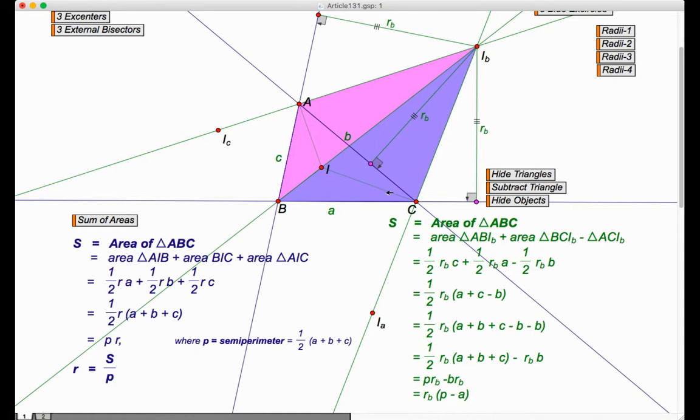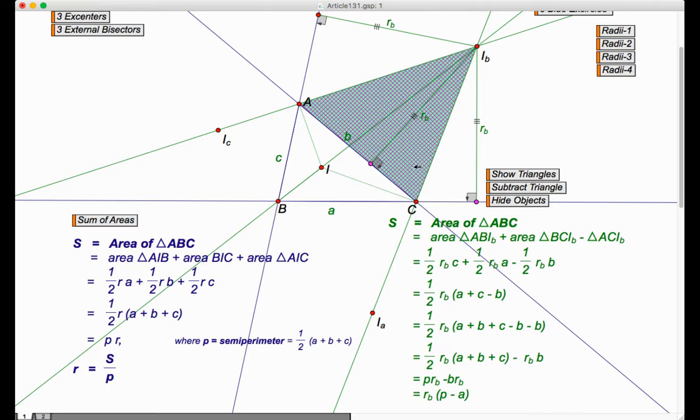The area of triangle ABC will be the sum of the pink triangle plus the blue triangle, and therefore I need to subtract the green triangle. Now that makes it clear, okay? So the area of triangle ABC is equal to the area of triangle ABI sub b, the pink one, plus the area of the blue one, triangle BCI sub b, and finally, I need to subtract this extra one, triangle ACI sub b.